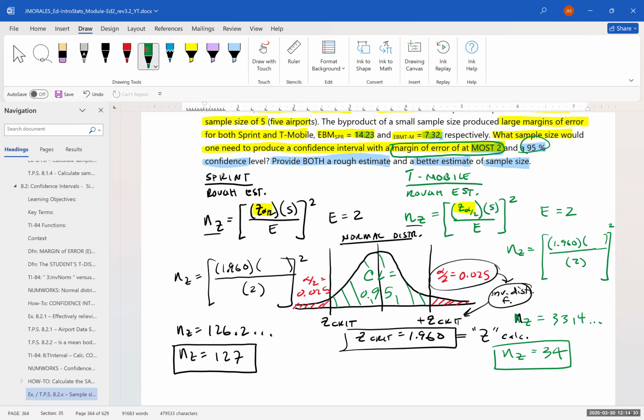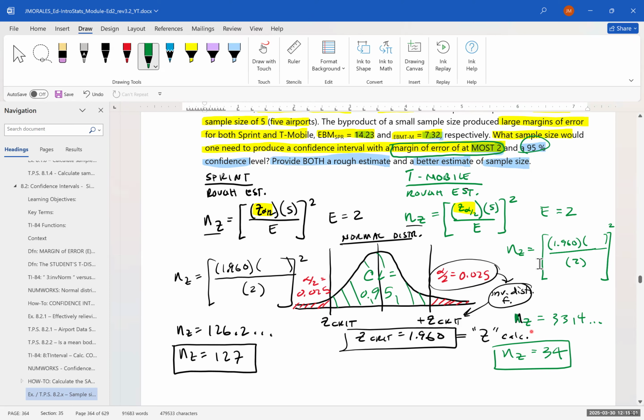All right, so we got 2 answers for sample size. Now, if we were just doing Sprint all by itself, then we would want a sample size of 127. If we were doing T-Mobile all by itself, then we could get what we want, having a 95% confidence level with a margin of error of at most 2. We could get that certainty with a sample size as little as 34.